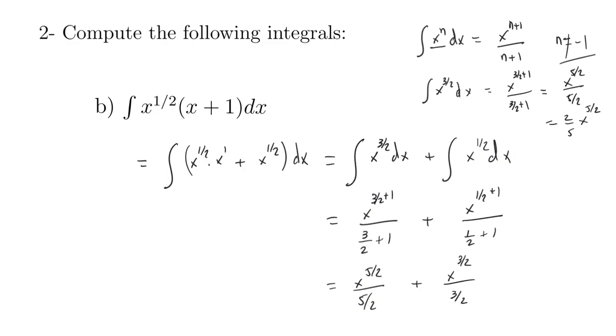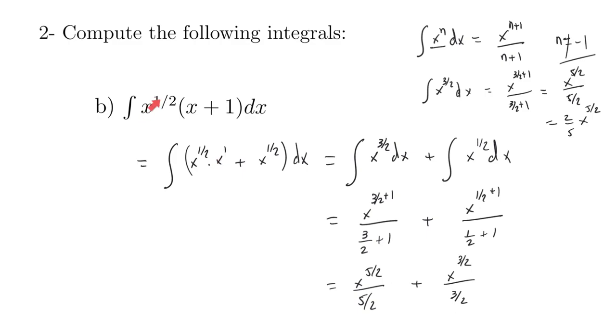So we go and we do the integral now using this basic fact that is the power rule. So first we multiply this by this. We use the distributive property. This by this is x raised to the power 1/2 multiplied by x raised to the power 1.